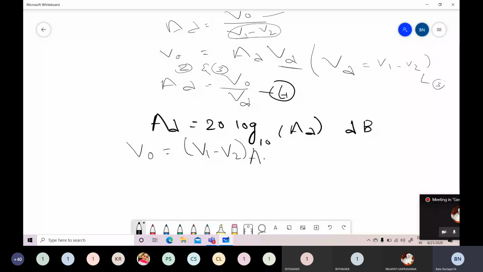Now if we apply input voltages which are equal in all respects to the differential amplifier, whatever the V1 voltage and V2 voltage are, they are equal in all aspects. Therefore V1 is equal to V2.